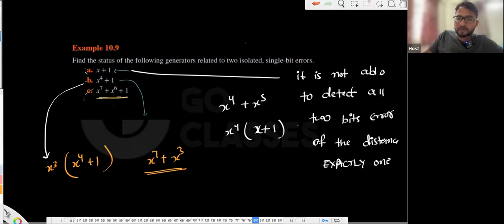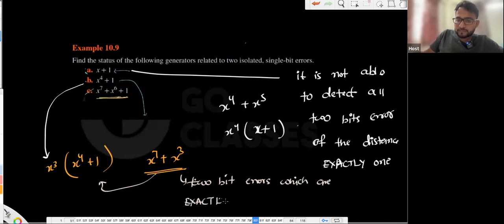If you take x cube common, it is a factor, so basically you cannot detect. So which kind of error are you not able to detect? The 2 bit errors which are exactly 4 distance away.